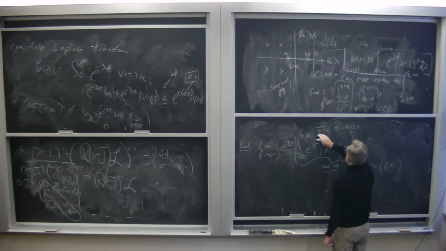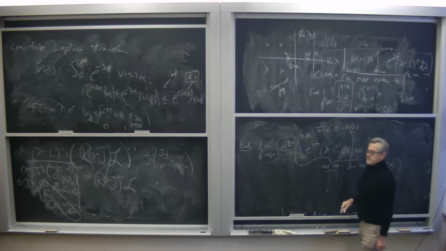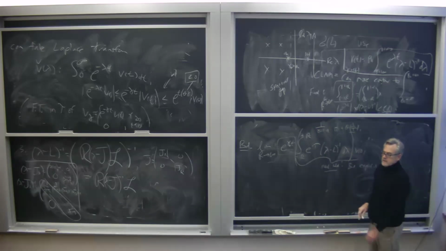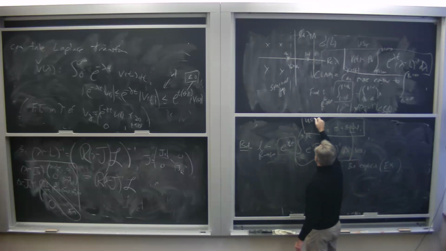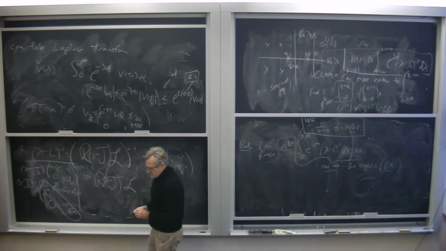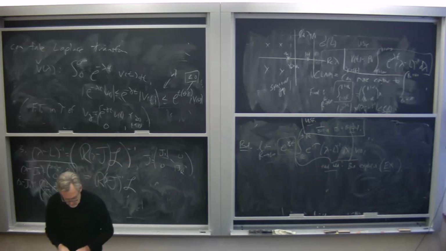I want 1 over i tau. Yeah, I want to write it like this. And you'll see that works. Yeah, that's a good way to do it.